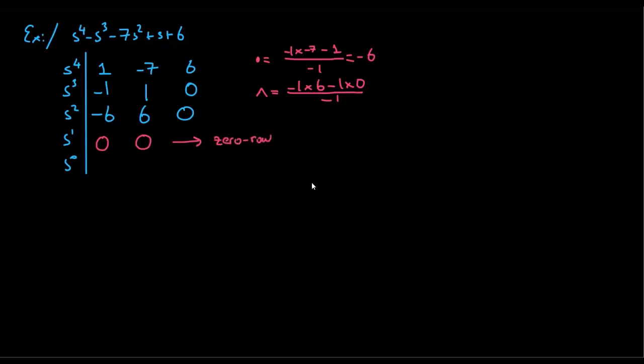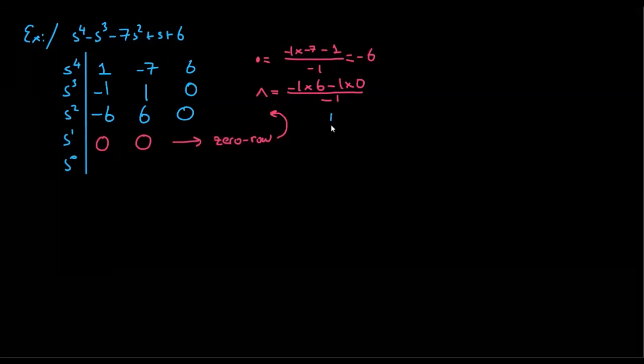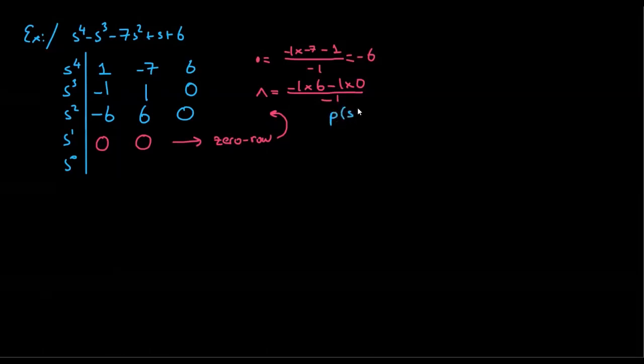So when we encounter a 0 row, what we do is go one level up and construct our auxiliary polynomial. So I will construct the auxiliary polynomial P of S from the coefficients of the upper row over here, which is equal to minus 6s squared plus 6. Okay.